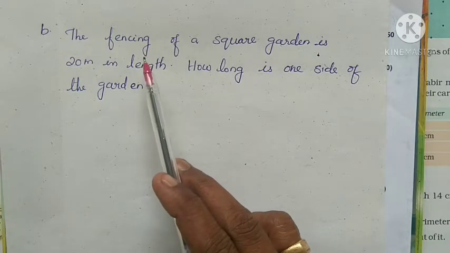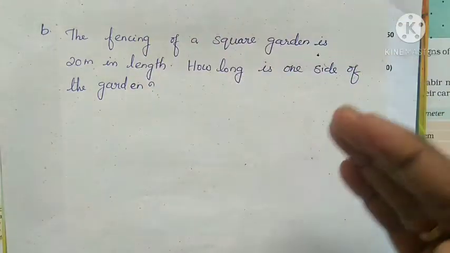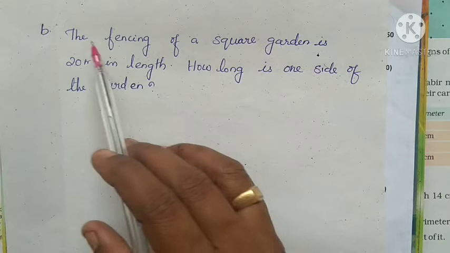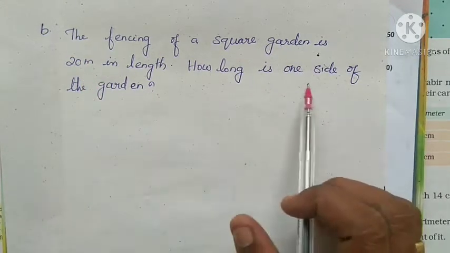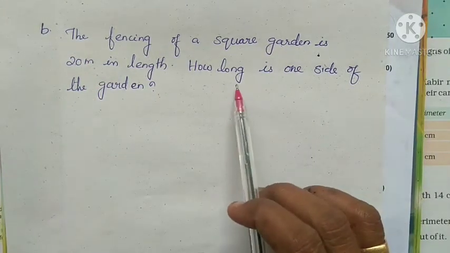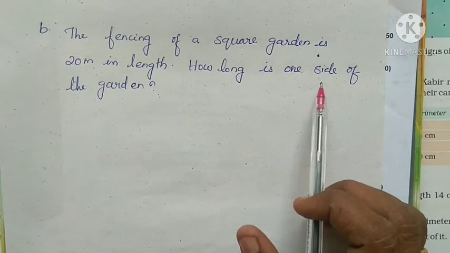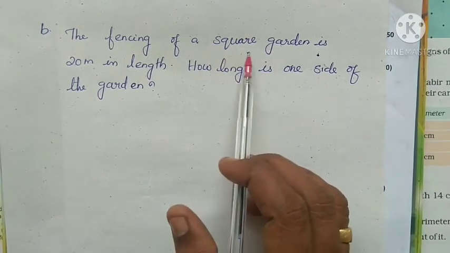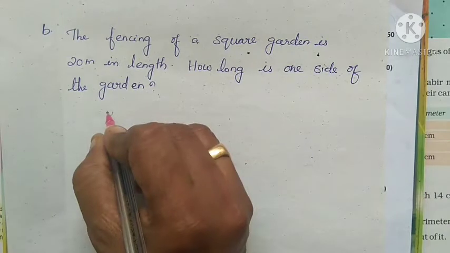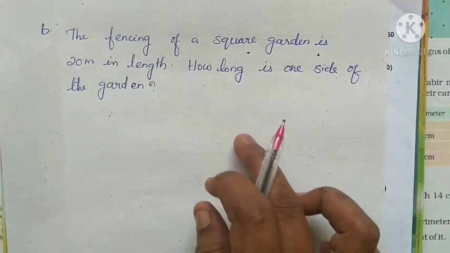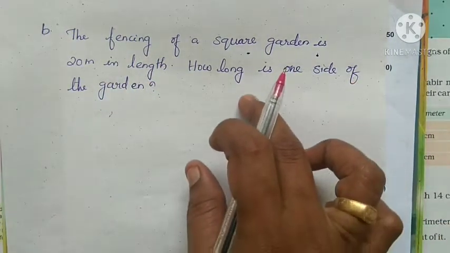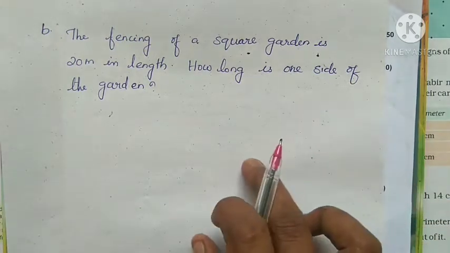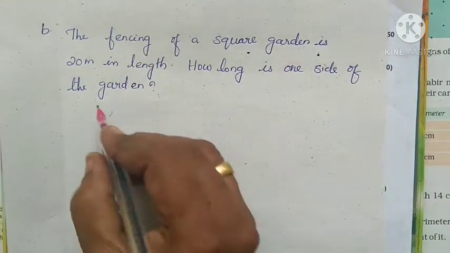Fencing means we needed to build a boundary. So the boundary measurement is given. So you have to find out the length of one side. It's a square garden. So fencing means we needed to make a boundary. Okay. So that is the fencing.